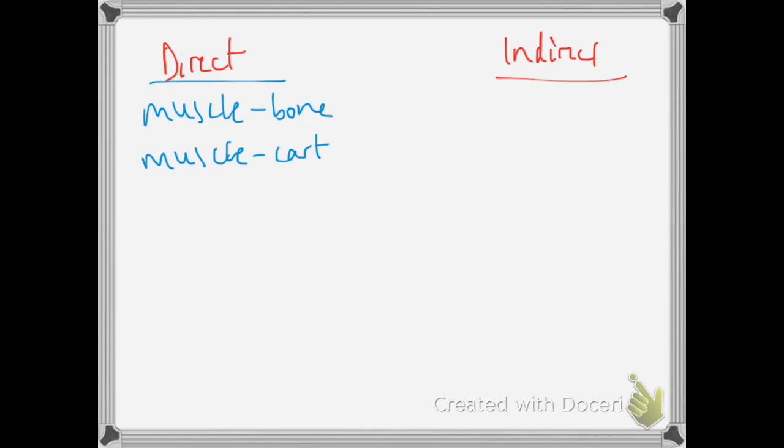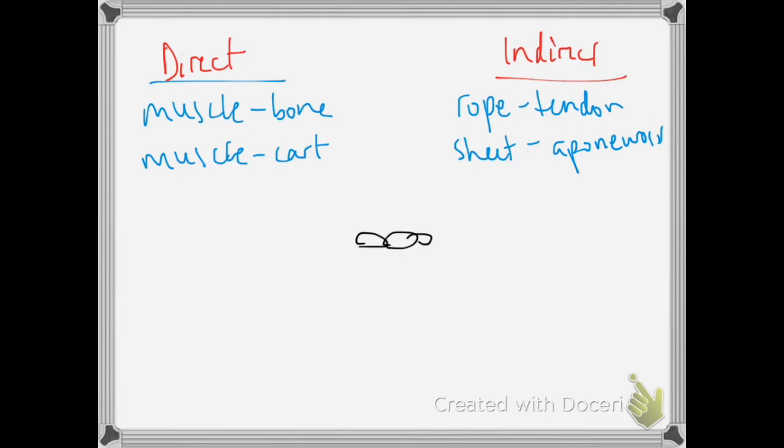And the two that we've seen: a rope-like connective tissue attachment, this tendon. Or we can have a sheet, and the sheet is called an aponeurosis. This was the one in the hand. So if I drew my carpals, and then I drew my metacarpals and phalanges, I might have this anatomy wrong. Just work with me. The whole point is I have this sheet of connective tissue that's connecting this to right here.